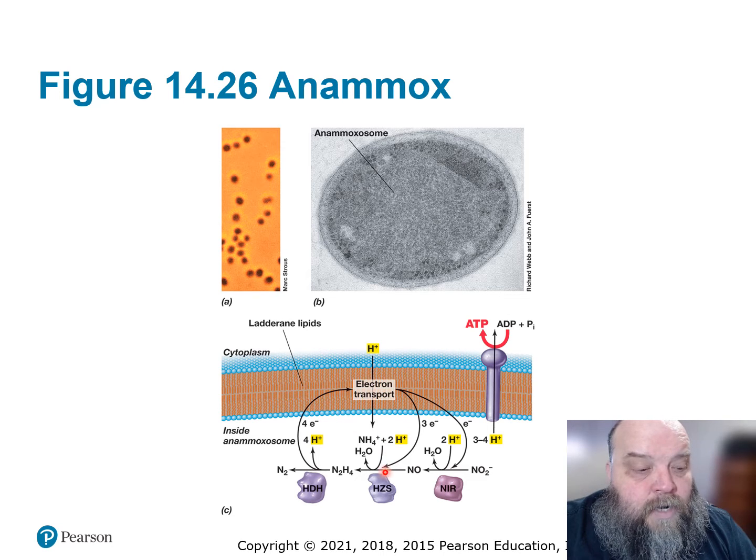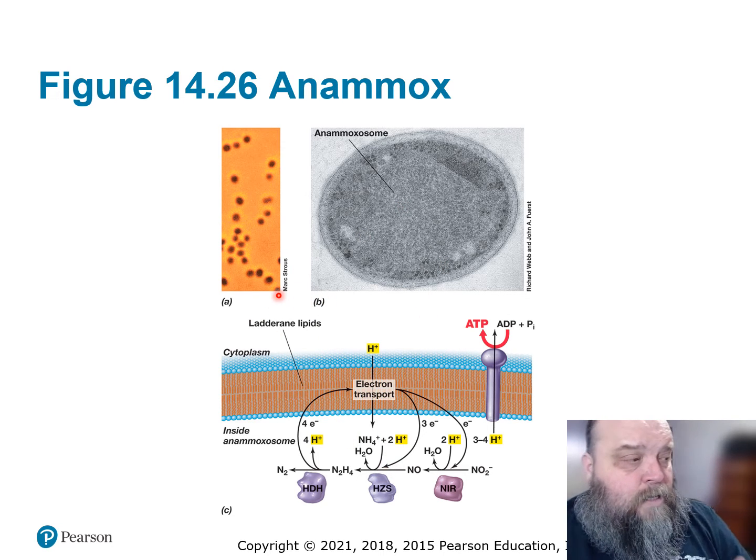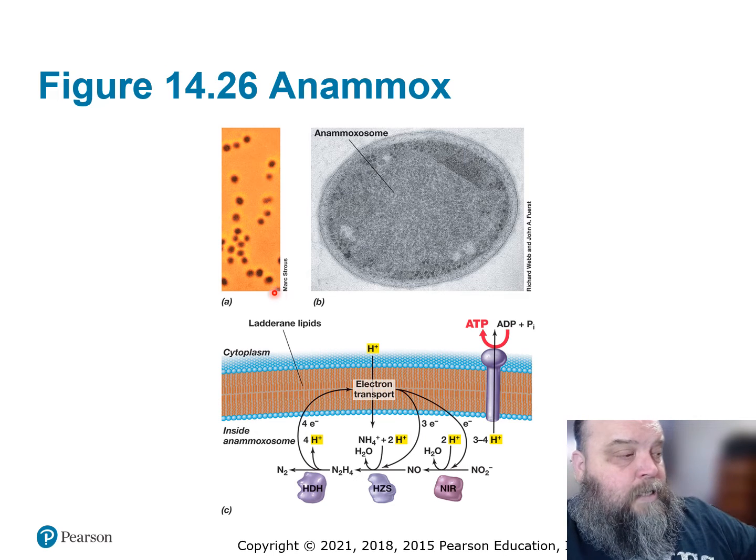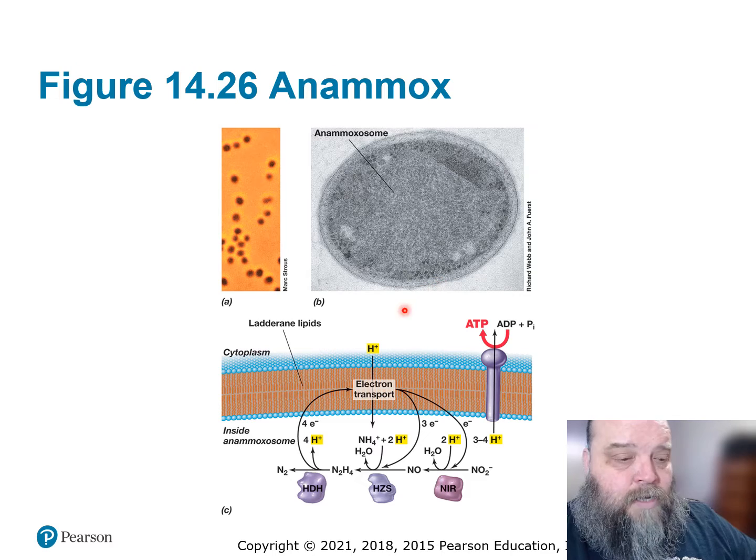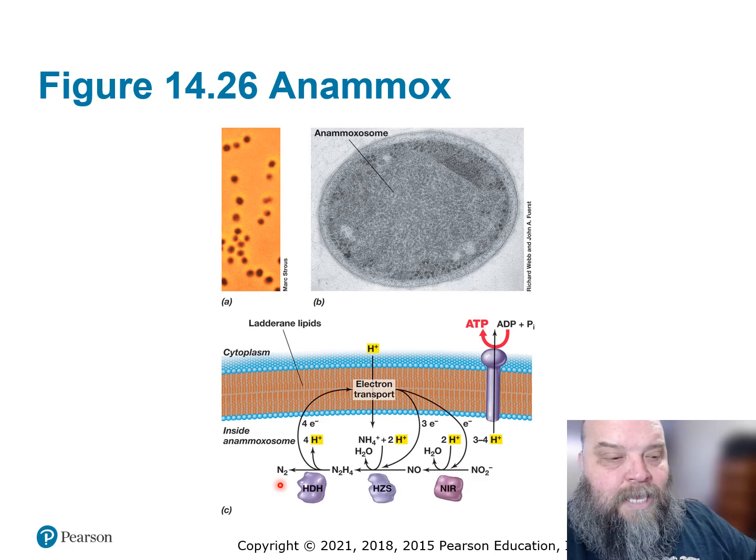Now, the electron transport chain, notice it's also not utilizing anything in the cytoplasm to power it. No, it is being powered by the hydrazine, N2H4, being broken down to nitrogen gas.